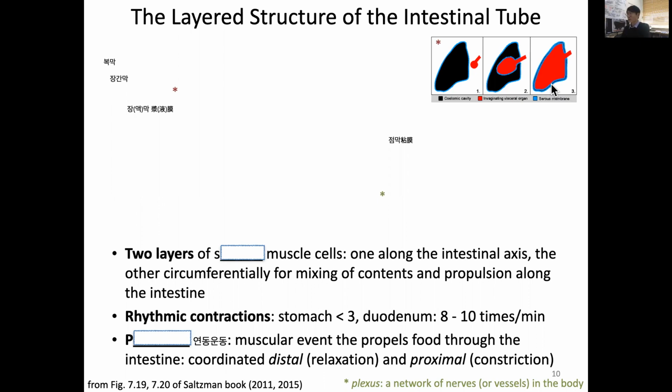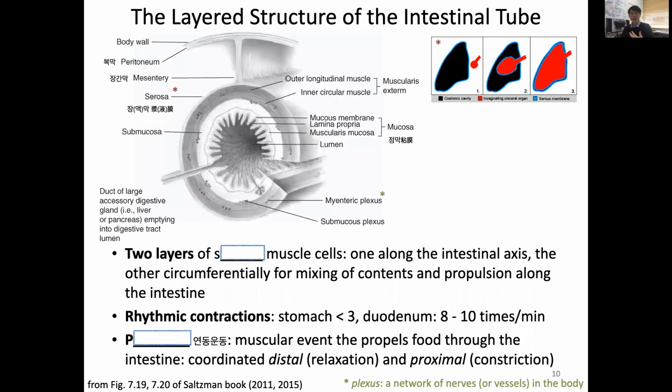Okay, so let's look at our intestinal tube. Because of this, you see these two linings are attached together. So that contains the structure of this intestine and its linings. There are a few anatomical structures which I want to discuss with you.